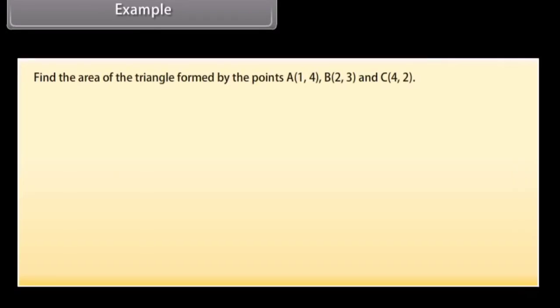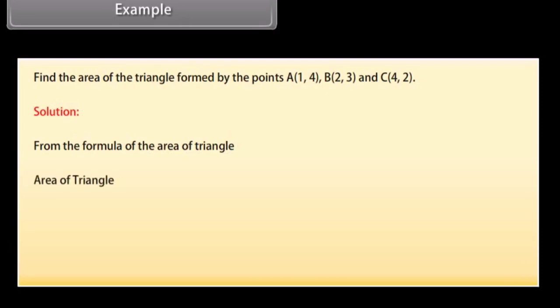Example. Find the area of the triangle formed by the points A(1, 4), B(2, 3) and C(4, 2). Solution. From the formula, area of triangle is equal to 1 by 2 into [x1 into (y2 minus y3) plus x2 into (y3 minus y1) plus x3 into (y1 minus y2)].